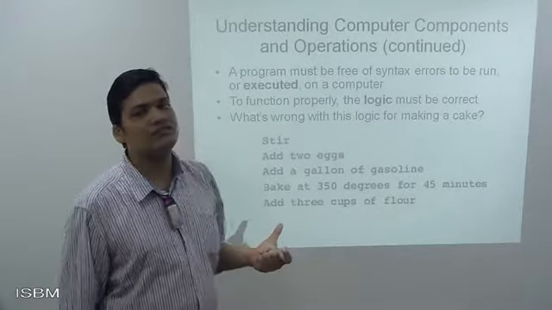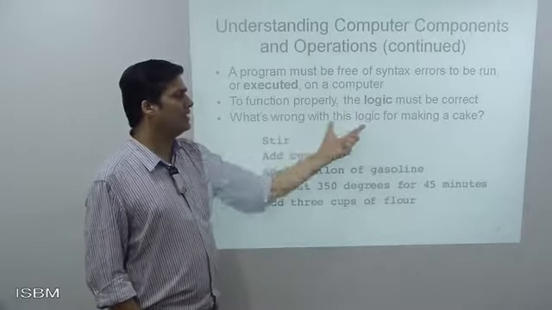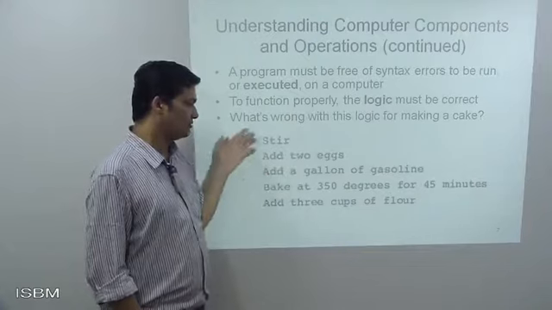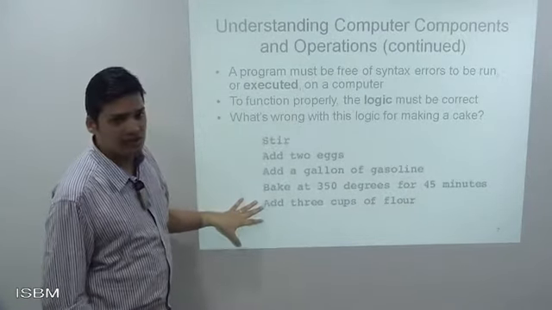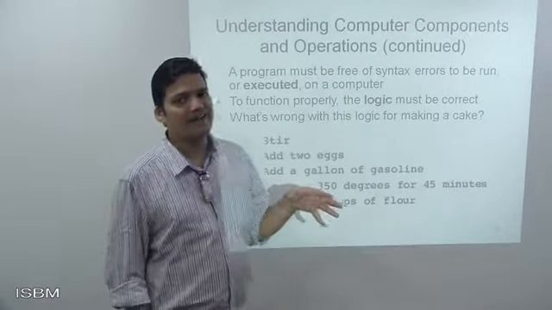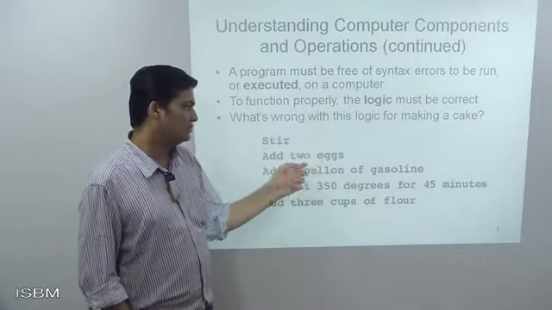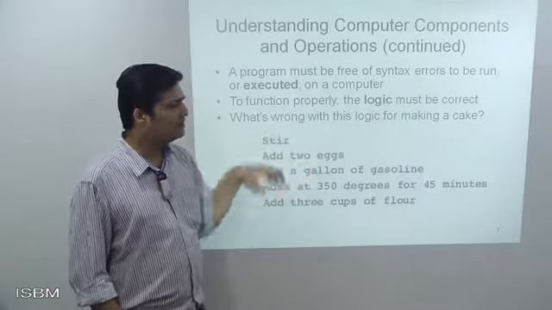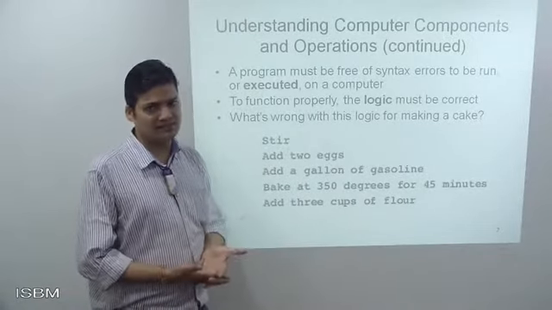Just like making a cake, we require some process, and on the basis of that we have written these 4 or 5 lines of solution. The same way we need to write logic in code, because if you want to add 2 numbers, we need to add them, and the same way we write logic for mathematical calculation or something else.